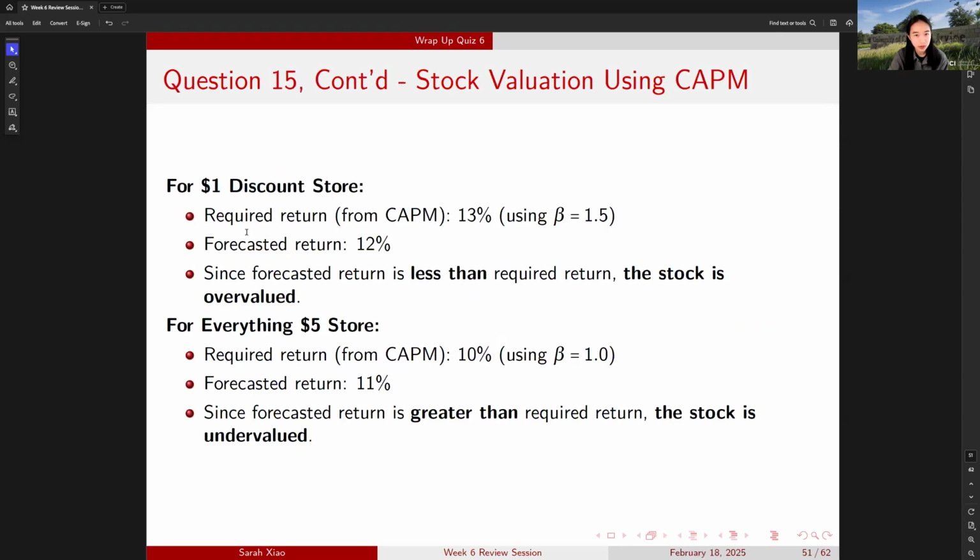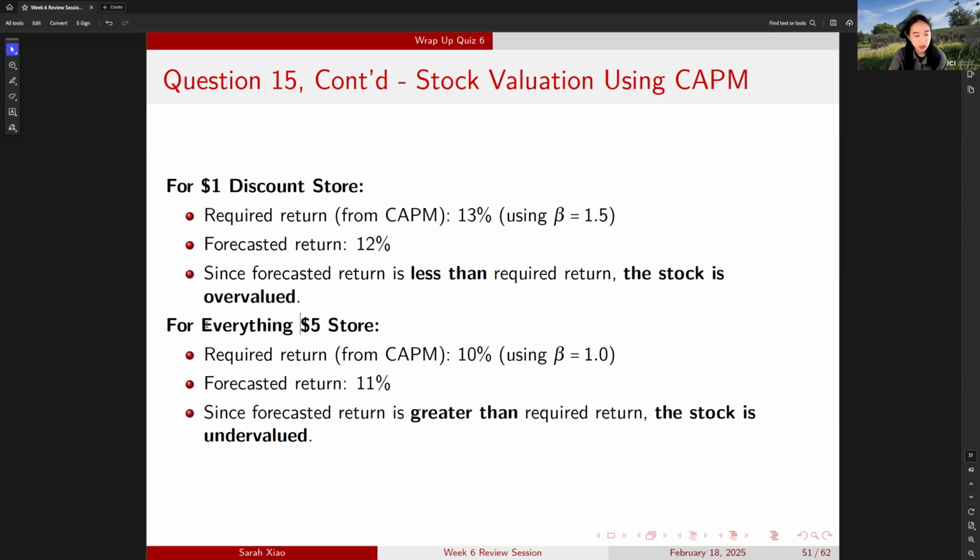And so let's calculate the stock valuation using CAPM for each company. First, we know the required return is 13% for company A, and has a beta of 1.5. The CAPM forecasted return is 12%. Because the forecast return is less than required return, the stock is overvalued.